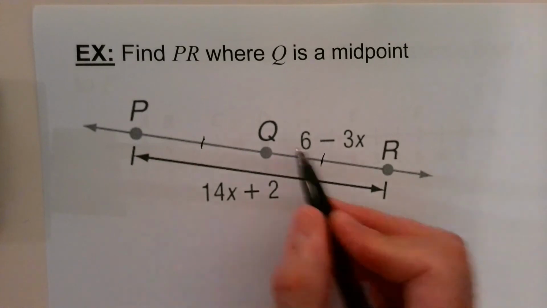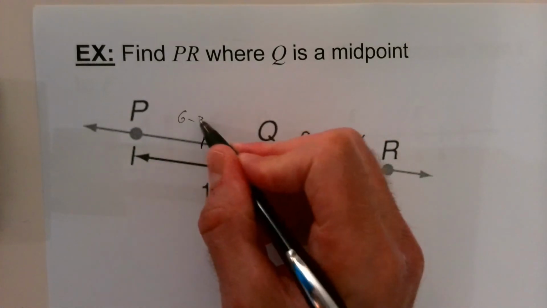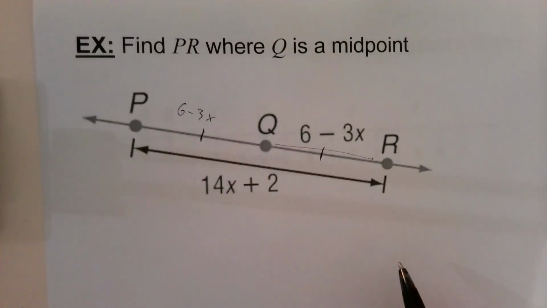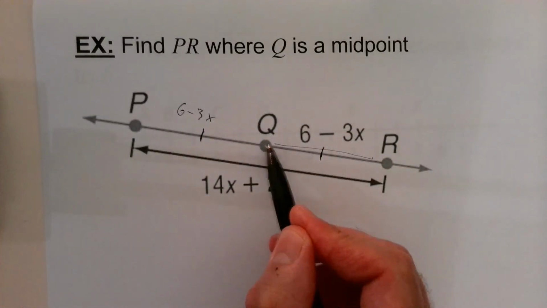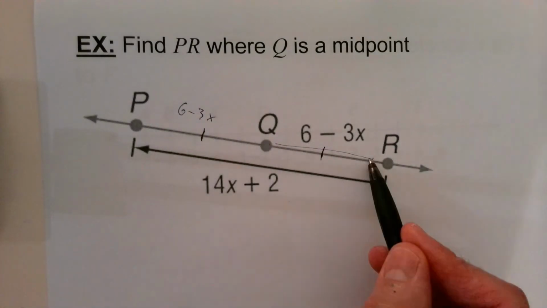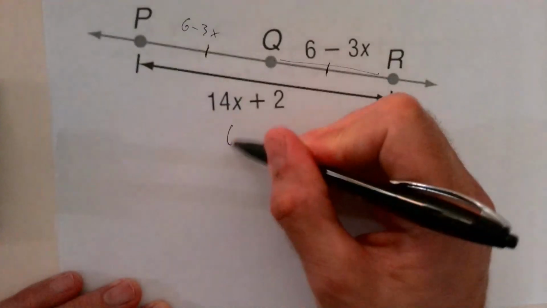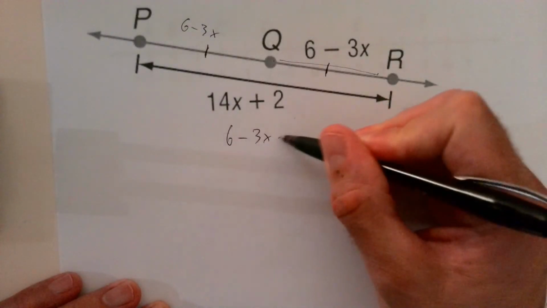So what I'm going to do is, I know that this is 6 minus 3x. I'm going to say that this is also 6 minus 3x. We talked about being between. If Q is between those 2 points, if I add this to this, I'm supposed to get the whole thing. So I'm going to do that. 6 minus 3x added to itself.